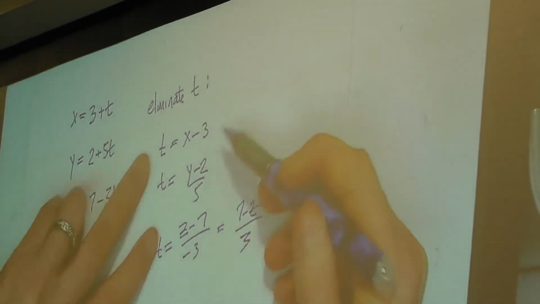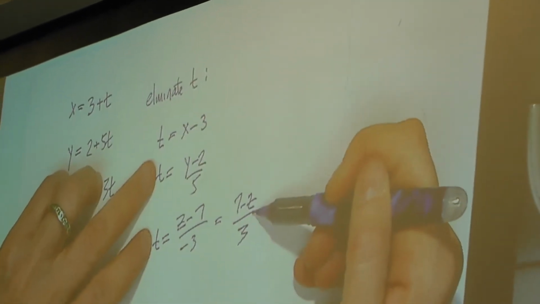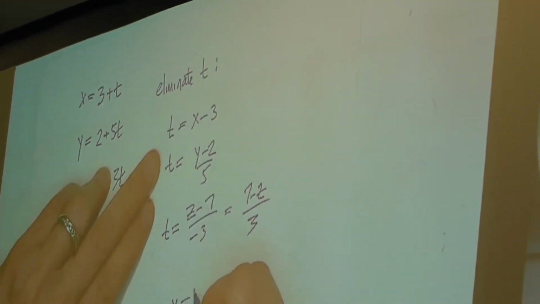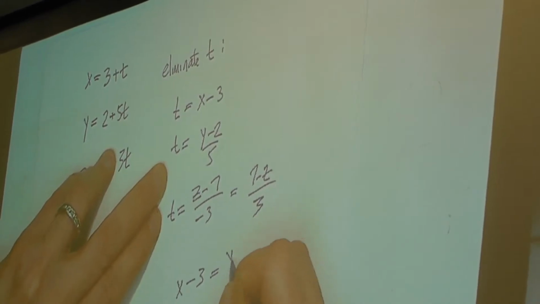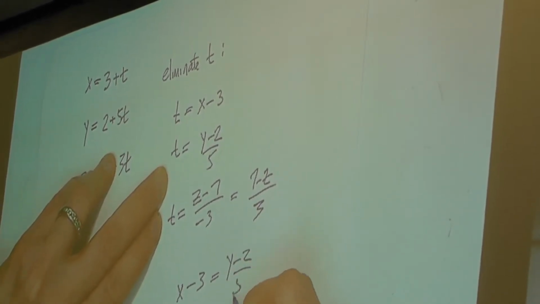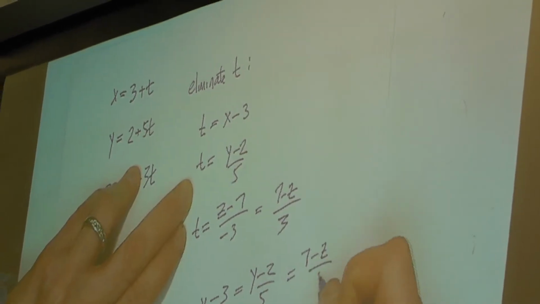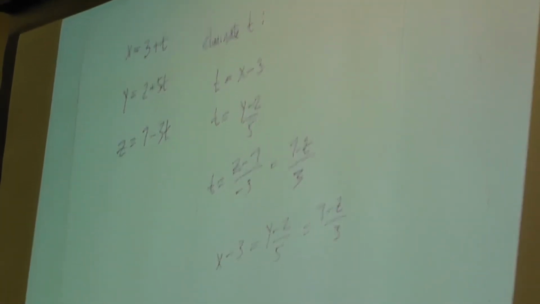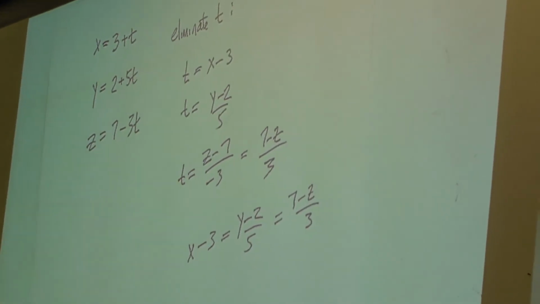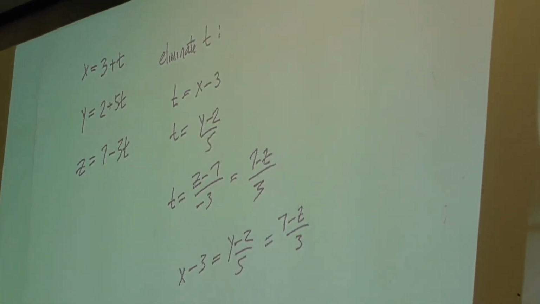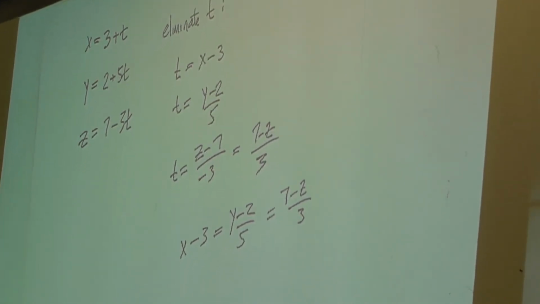In any case, these are all equal to t, and therefore I can write x minus 3 is y minus 2 over 5 is 7 minus z over 3. And this is the non-parametric way of writing down the equations for a line.